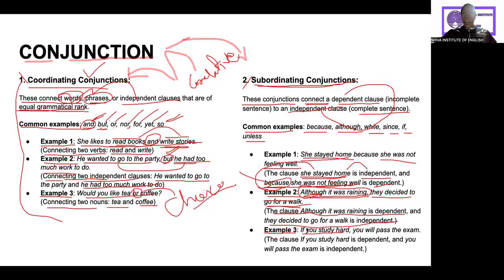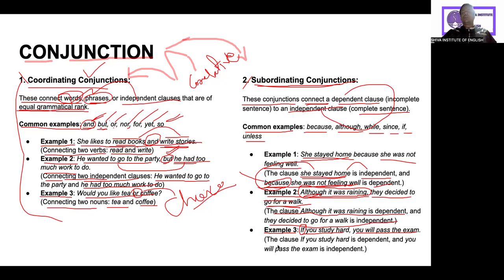Next, the third example: "If you study hard." Now here you would find the subordinating conjunction is "if", which is a conditional one, right? "If you study hard, you will pass the exam." Now, if I only write "if you study hard", then obviously it is not complete information. So it requires another piece of information to make it complete. Therefore, "if you study hard" is a dependent clause, and "you will pass the exam" is an independent clause.